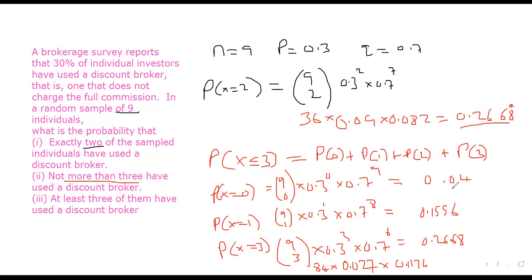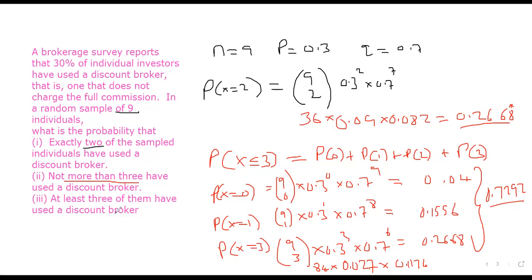When you add all these, we're going to get 0.7292. So this is the probability of having no more than 3.